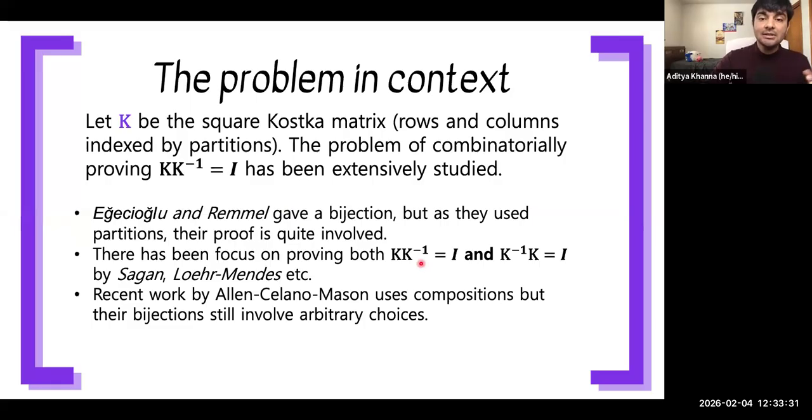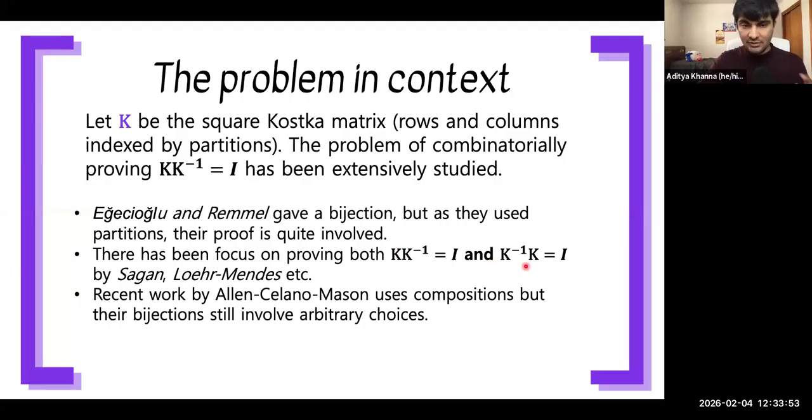Another thing of interest is that K times K inverse is I, but proving K inverse times K equal to I is a different question combinatorially. We can talk about why these two are different cases. But a lot of work has been done with that. We will prove K times K inverse in this talk.